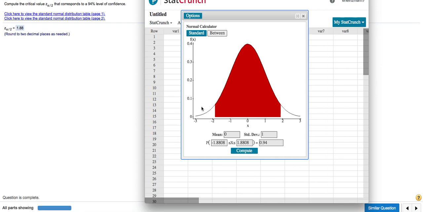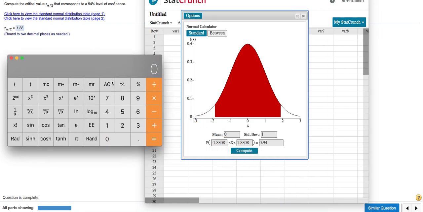If you want to know just one of these parts, like how much space does just this part take up, well, if they both take up 6%, you would divide it by 2 to figure out that this side is 3% of the data, and so is this side. And if you needed to, the procedure on a calculator is really simple. You would use 1 for 100% of the data. You'd subtract off 0.94, which is subtracting away 94% of the data.